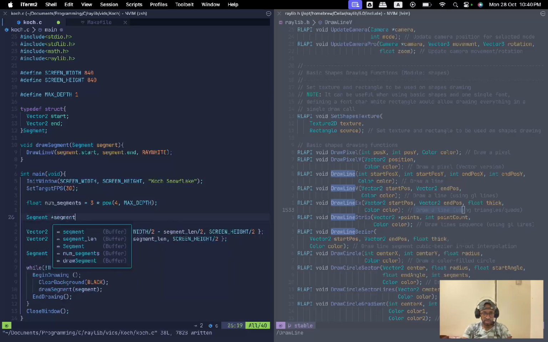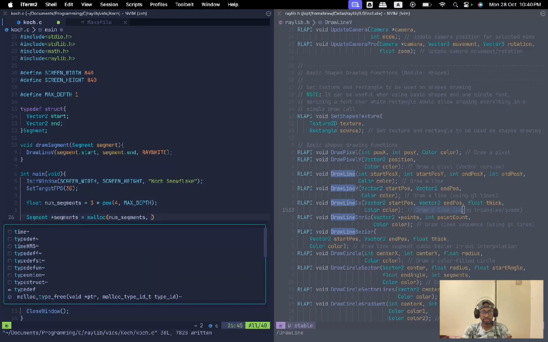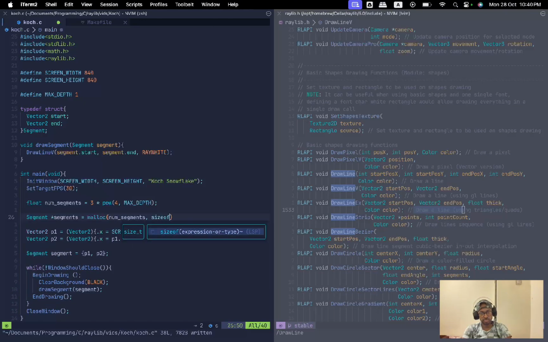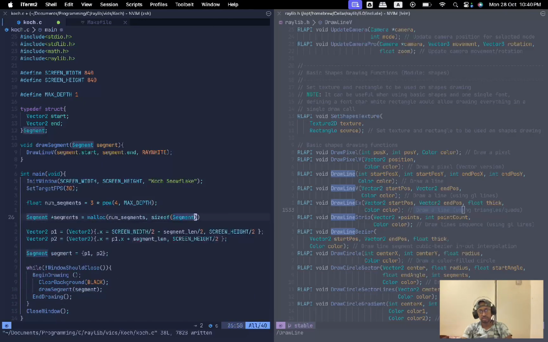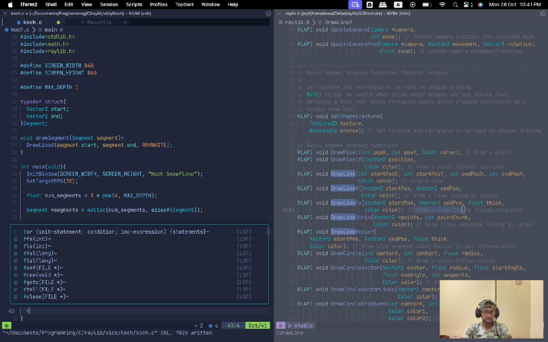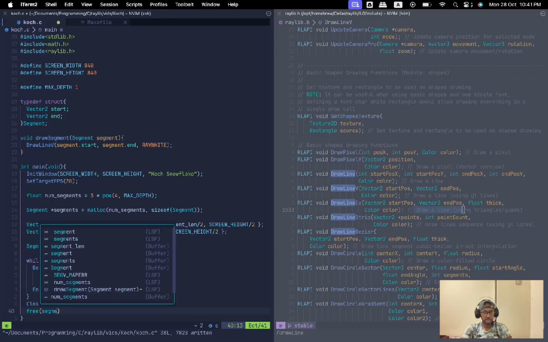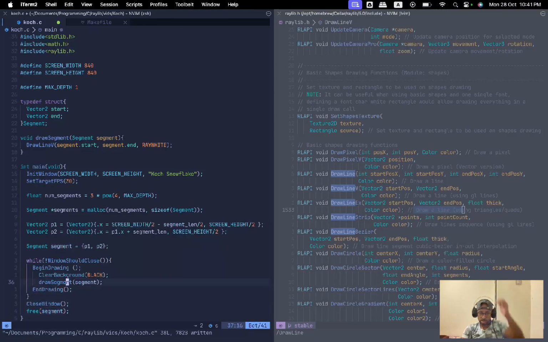I'll have segments, which is an array, and the size of our array is number of segments times size of segment. So I have an array. Let me come here, and I don't want to forget, let's free our segments here.